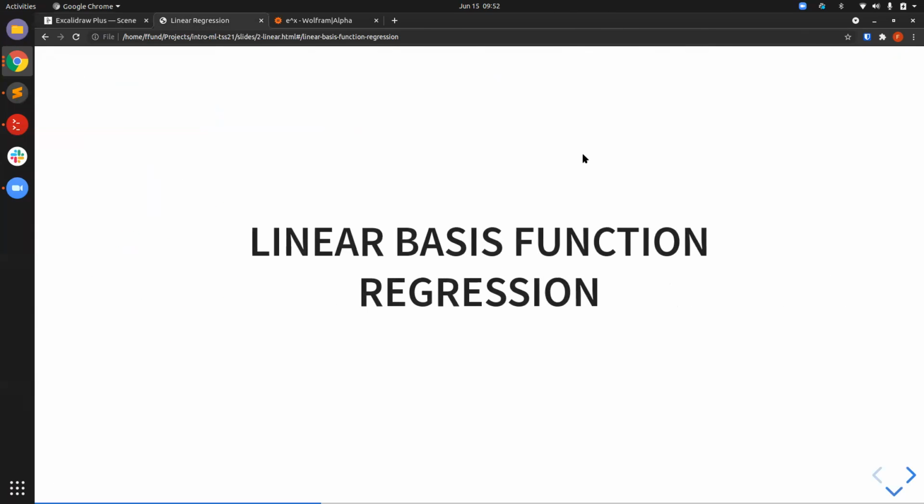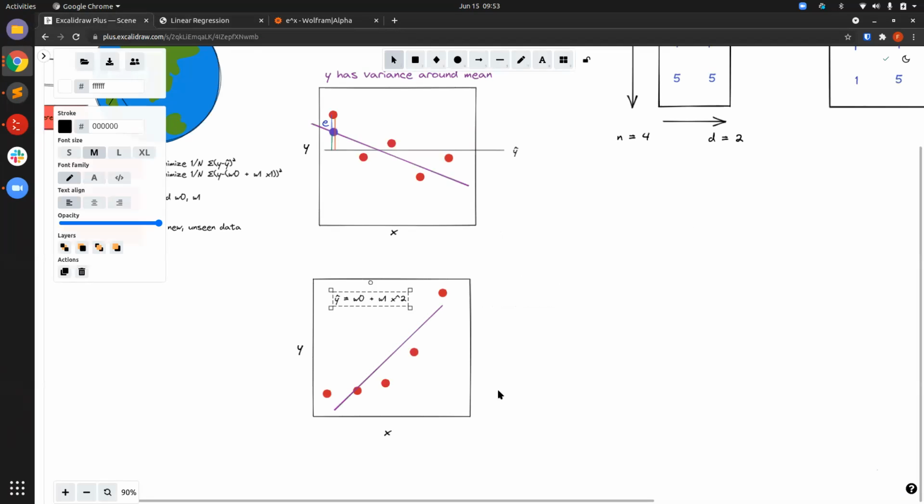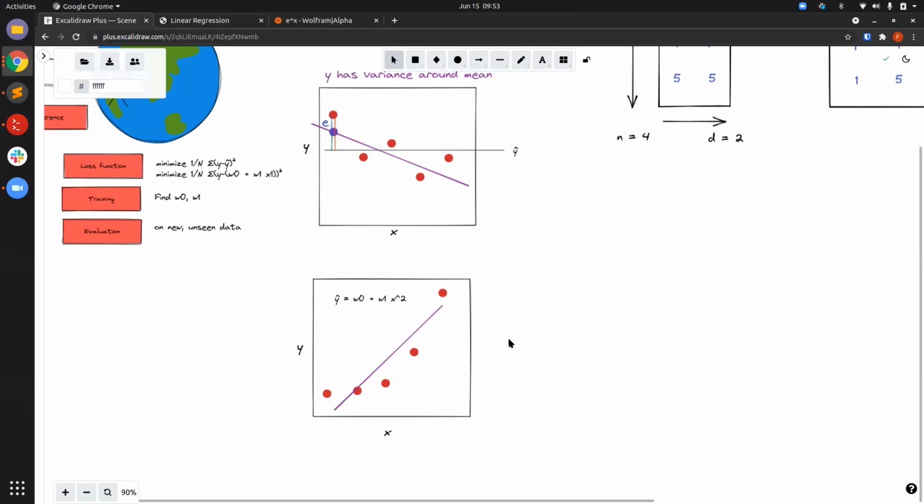Okay, so we're going to talk about what's called linear basis function regression. The linear assumption in our previous version of the multiple regression model was very restrictive, because not all data will fit a linear function well. So what if instead of a linear function, we use linear combinations?